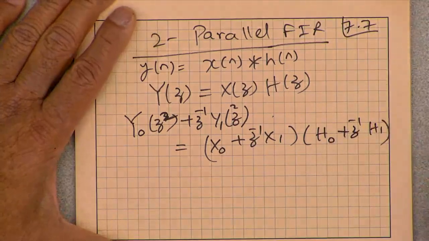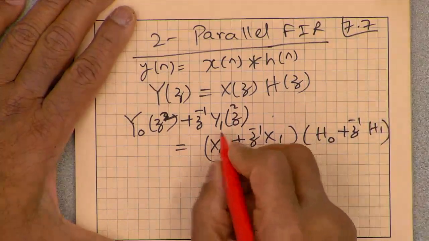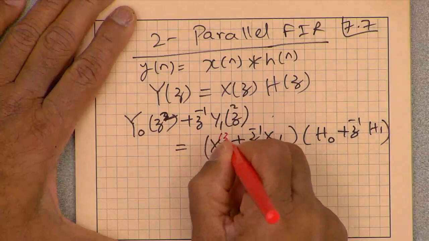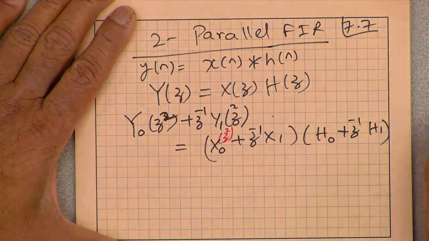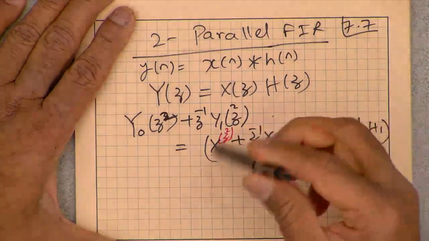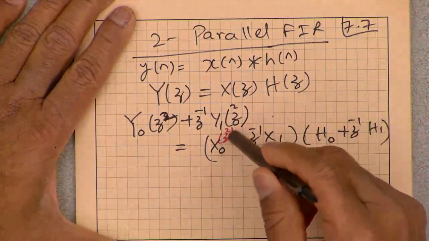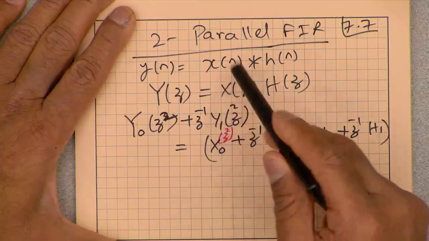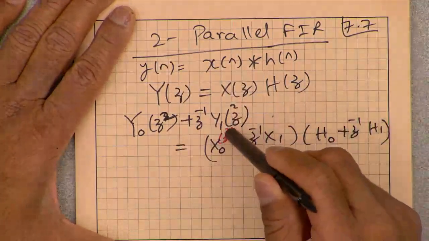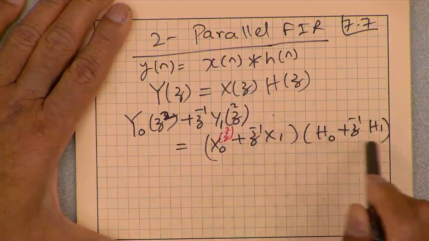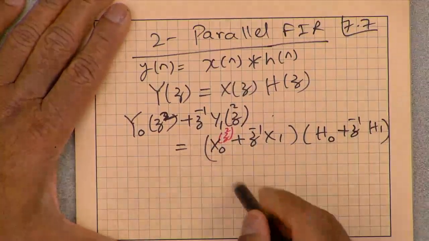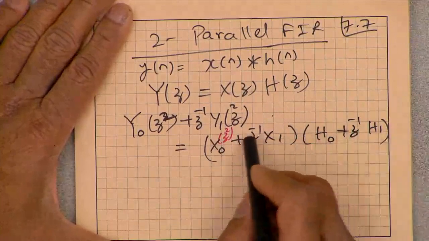So let me just say that I have dropped using these notations z squared. From now on, if you see these polyphases, that's really z to power L if it is L parallel. For 2 parallel, that's z squared. So I'm going to drop these bracketed z squared terms because that's understood.